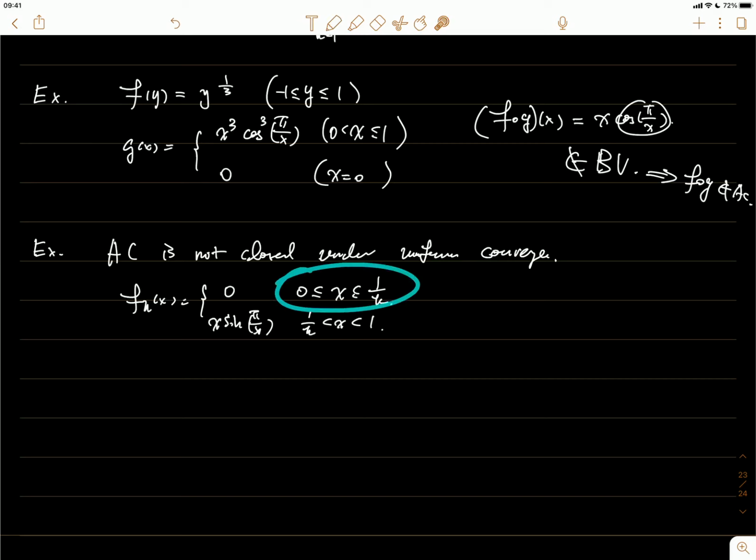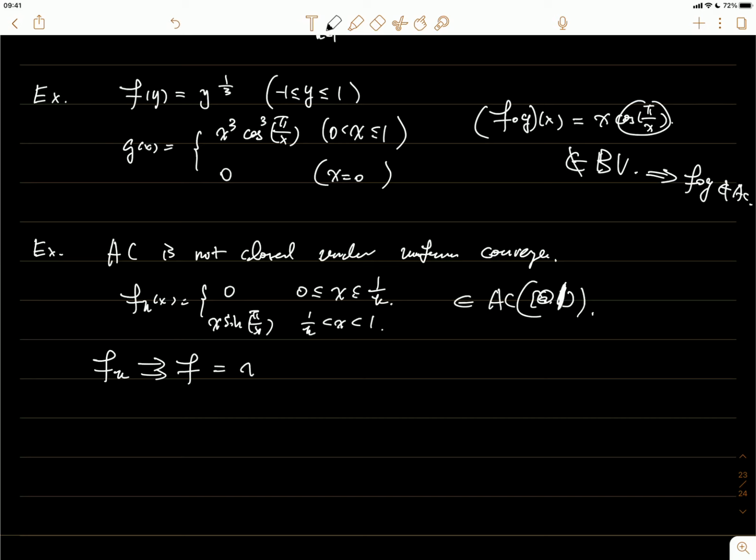So over this area, it has a fixed oscillation. So this one is in AC[0,1]. But we can take the limit of f_k. We can show that this f_k actually converges to f, which is equal to x sine(pi over x), and it goes to this f uniformly.